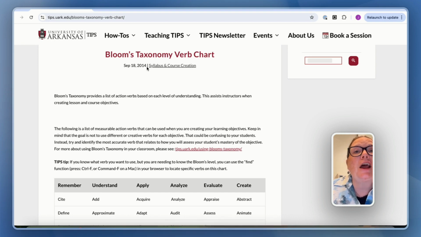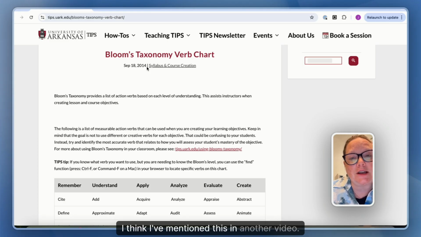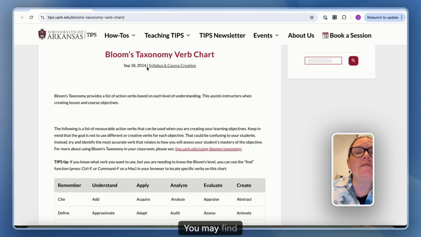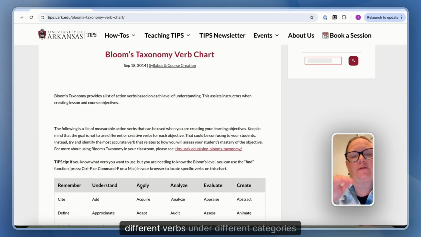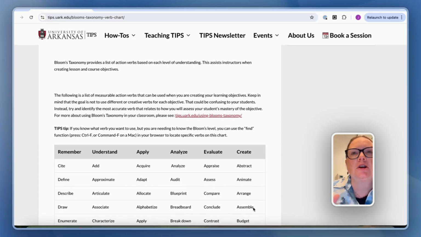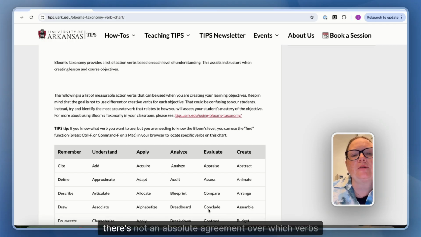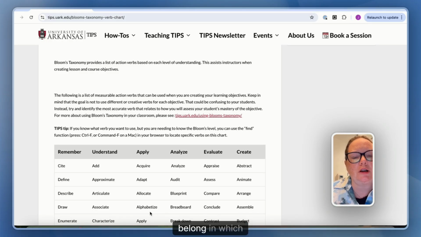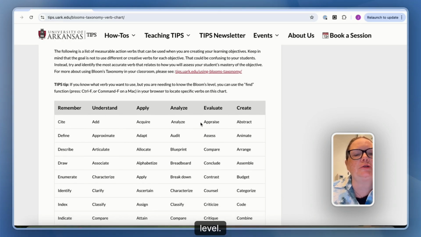Having said that, again, I think I've mentioned this in another video, you may find different verbs under different categories depending on the list. So just know that there's not an absolute agreement over which verbs belong in which level.